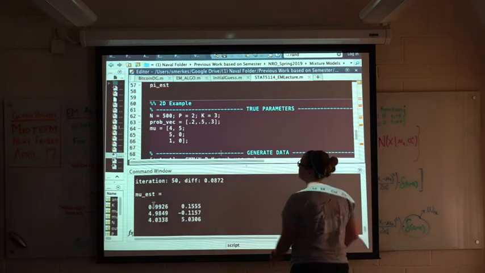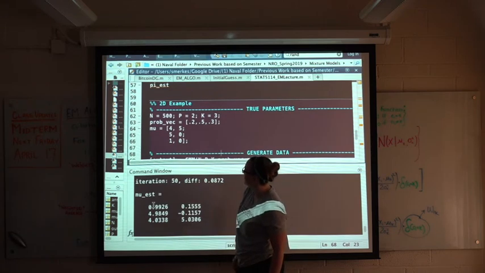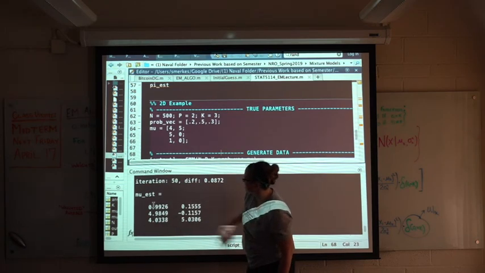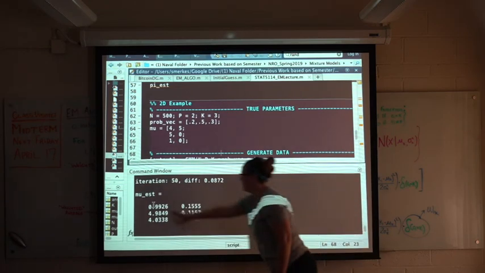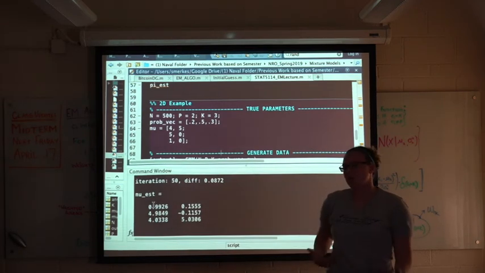So again, we have the label switching issue, but do we have one that's 4 and 5? 4 and 5. Do we have one that's 5 and 0? Right here. And then we have one that's pretty close to 0 and 1 and 0. And so high dimensions, this also works.